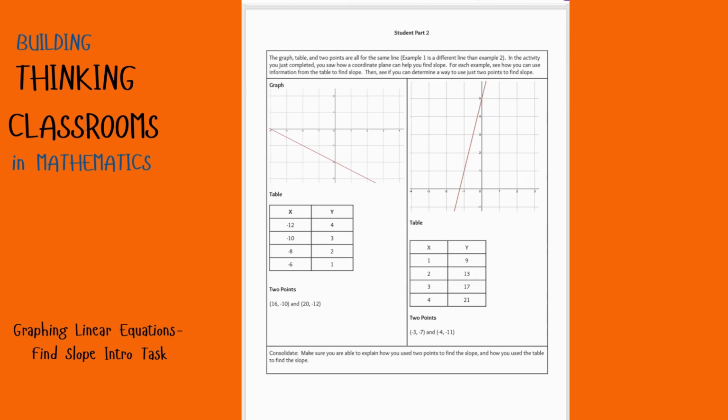Some of the students will just plot those 2 points and have that conversation of, can you explain where the connection lies? So you can go as in depth as you want, but it is important to give them the opportunity to have some conversations around this part, because they needed a little bit more time in our class recognizing the patterns and then trying to connect that pattern that they found in the table to the graph, or vice versa.